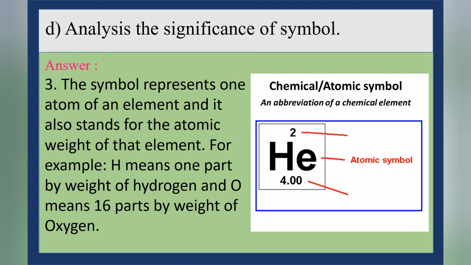You may have known that He means helium, and H means one part by weight of hydrogen, and O means 16 parts by weight of oxygen. So here we can easily say that the significance of a symbol is very clear to you, right?